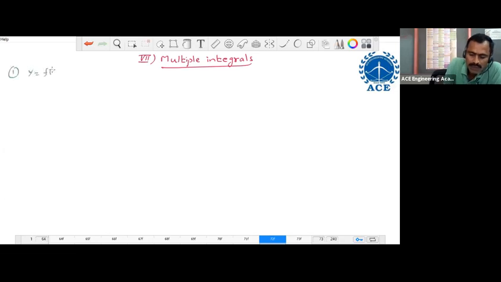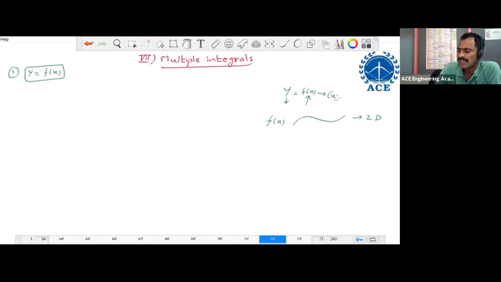y equal to f of x is a function of one independent variable only. Already we know the geometrical representation of a function of one independent variable. It geometrically represents a curve in 2D space, two-dimensional space. Because this function y equal to f of x, the set of all inputs and outputs is written as x comma f of x.